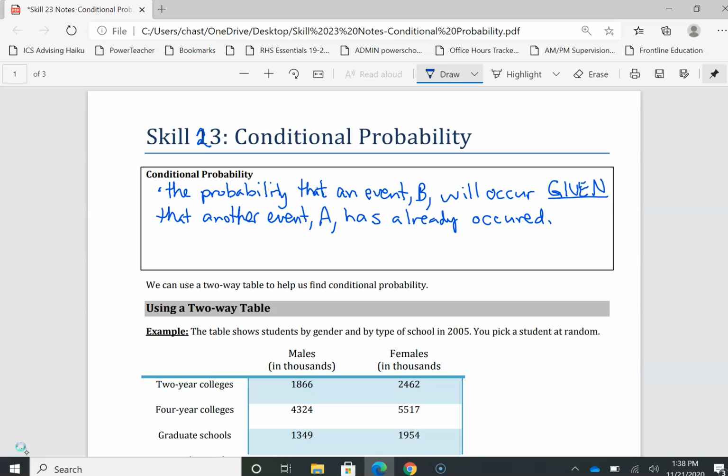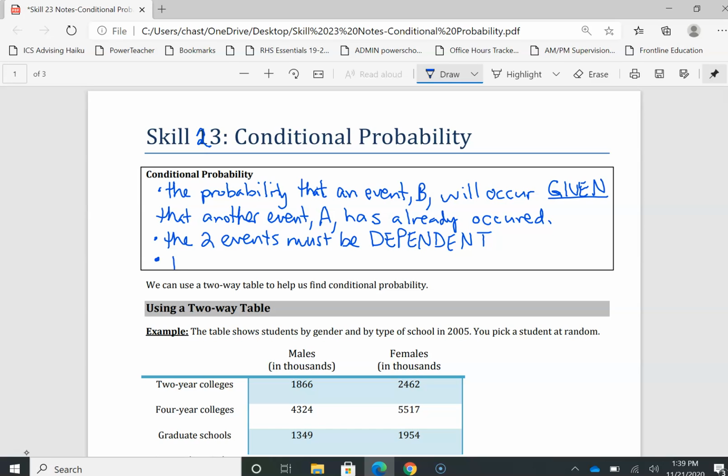All right, so this is a situation where the events have to be dependent. So the two events must be dependent. That's going to be really important.